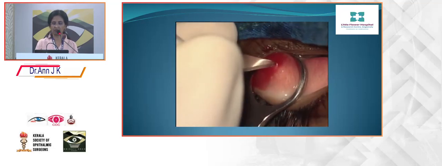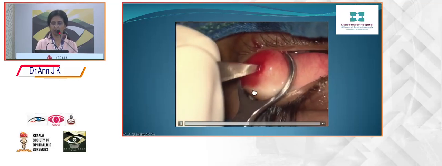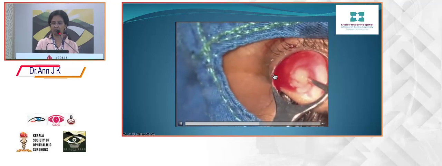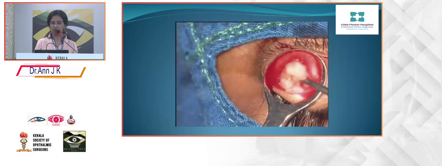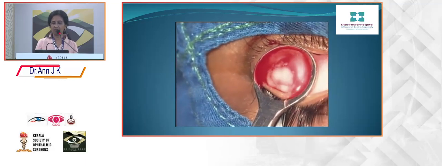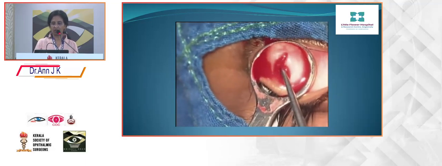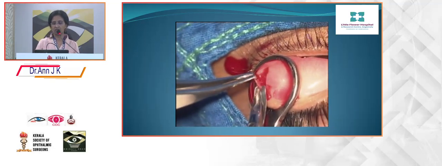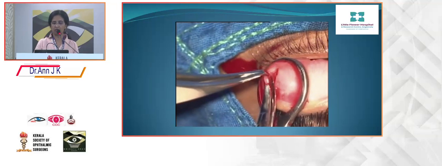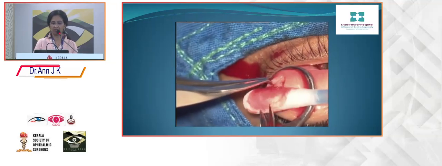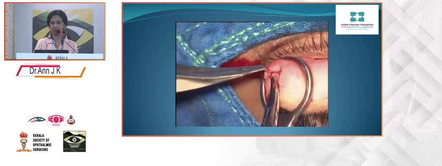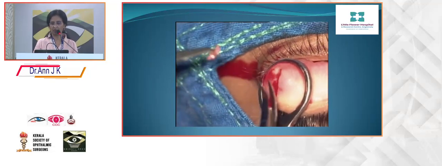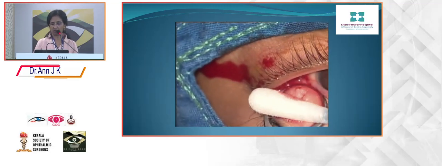Here you can see a blocked meibomian orifice, and in line with that, you can cut and take out all the contents as in INC. Then you have to break all the connecting septa in between. With a small scissors, you can take a small bite of tarsal conjunctiva along with the tarsal plate and send it for biopsy. Close the eye with some antibiotic ointment and keep it padded for 3-4 hours.